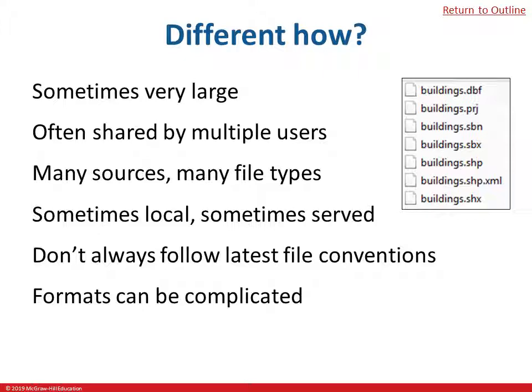The formats can get complicated. An example here on the right, you see buildings.dbf, .prj, .sbn, .sbx, .shp, .shp.xml, .shx. These are all files associated with a shapefile called buildings. All these are data you must have in order for the data in general for buildings to function.